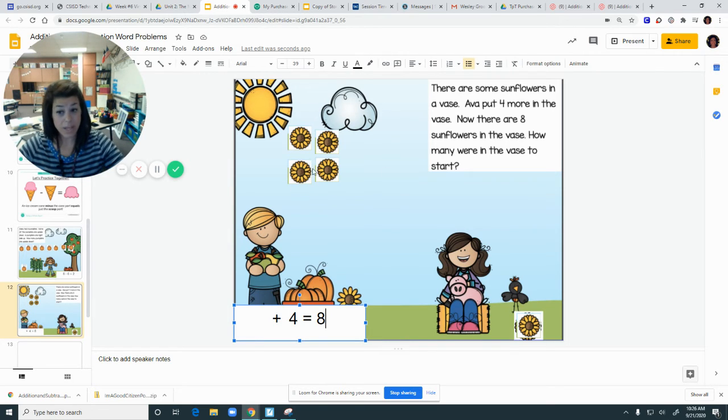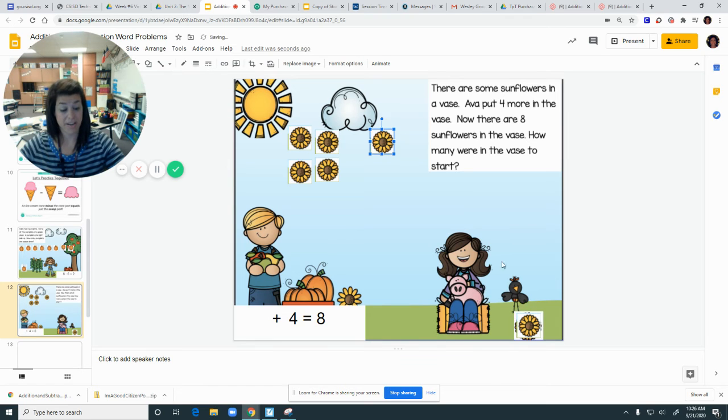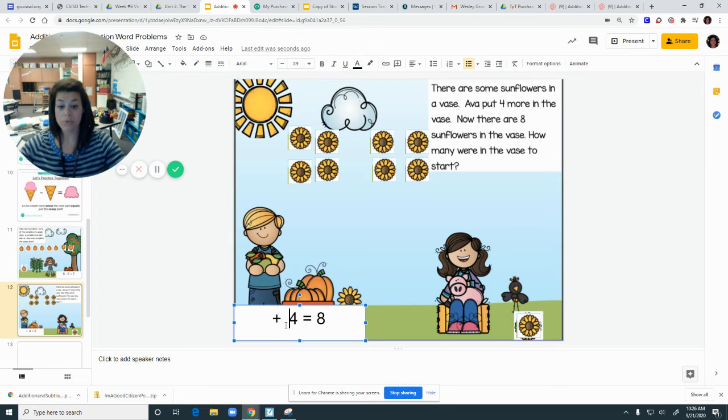So I already have 4. Let's put some in until I get to 8 and see how many there were. This will be 5, 6, 7, 8. So how many were in the vase to begin with? 4. There were 4 in the vase to begin with.